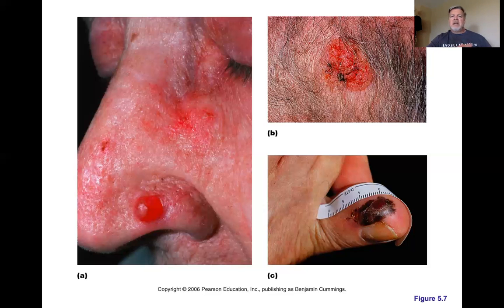So this is the second layer. This type arises mostly, you've got to hear where this arises, most of the time, on the scalp, on the ears, and the lower lip. And if you're wondering why, which hopefully you are at this point, it's because of sunlight, because that's where the sun hits, especially that lower lip and the ears.